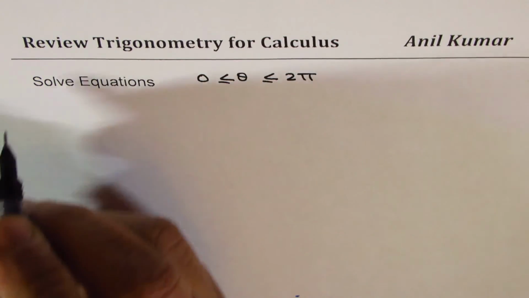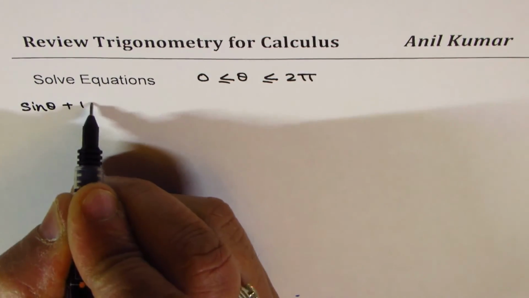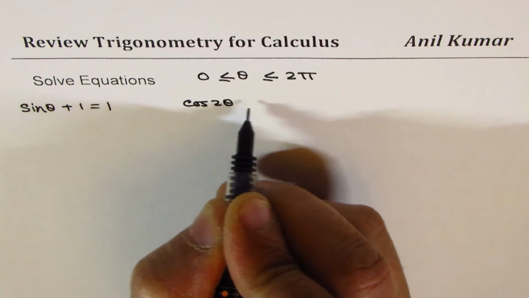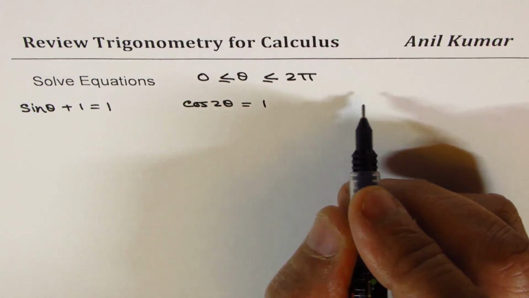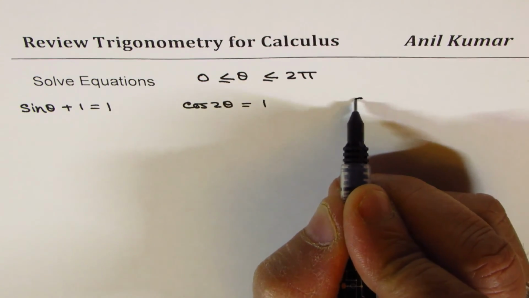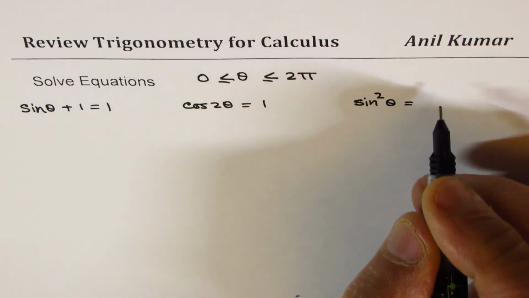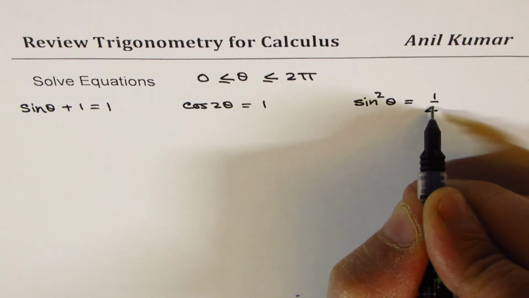Let's say the equation could be sine theta plus 1 equals 1. We can say cos 2 theta equals, let's say, 1. And let's say sine square theta equals, let's say, 1 over 4, right?